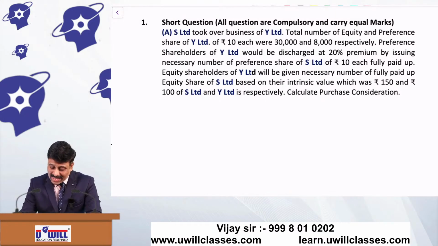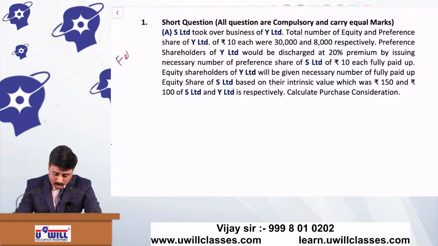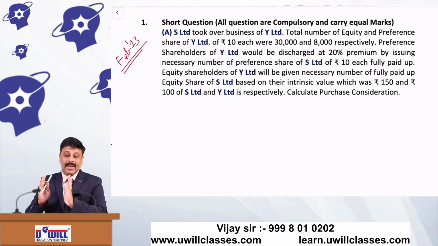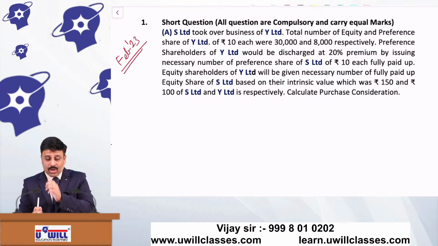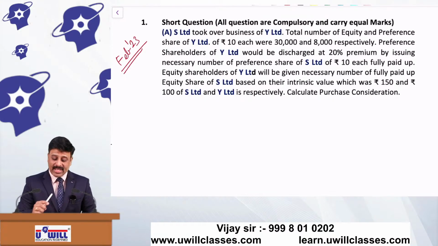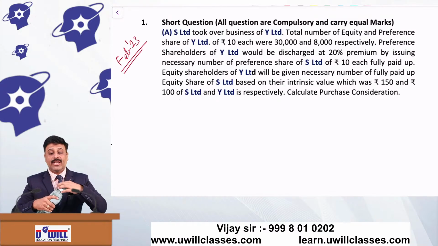This was asked in the most recent exams, February 2023, for 2.5 marks. Intrinsic value is the most expected in the current year's exams also, because in the short examples done in college also, the majority of questions taken up are of the intrinsic value method. So it is most expected in your exams.